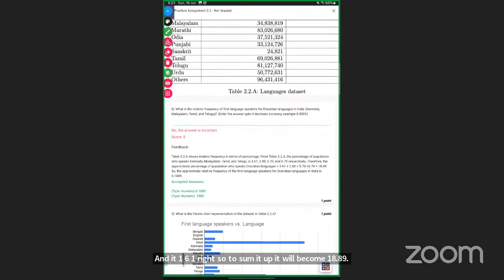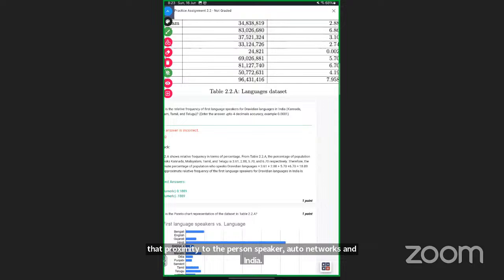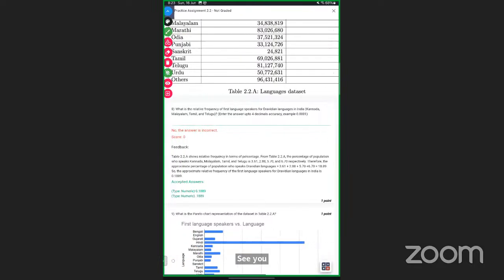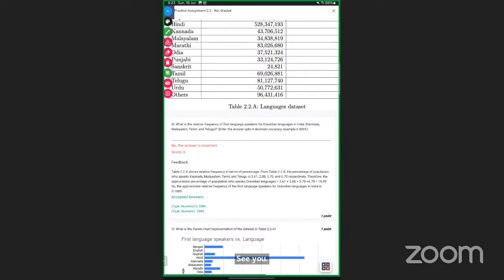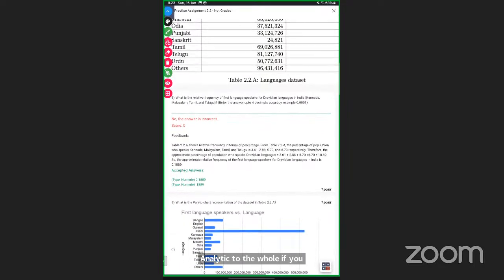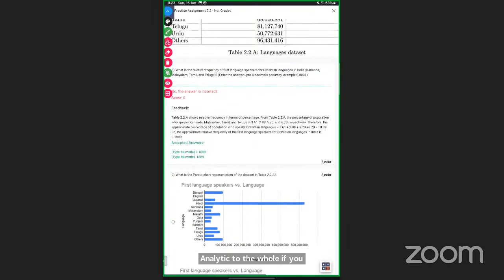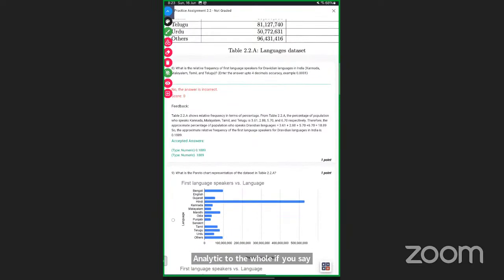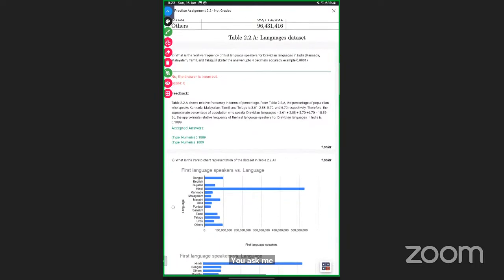So the approximate share of Dravidian first language speakers in India is 0.1889 relative to the whole. This requires a little bit of reframing, but that's okay.